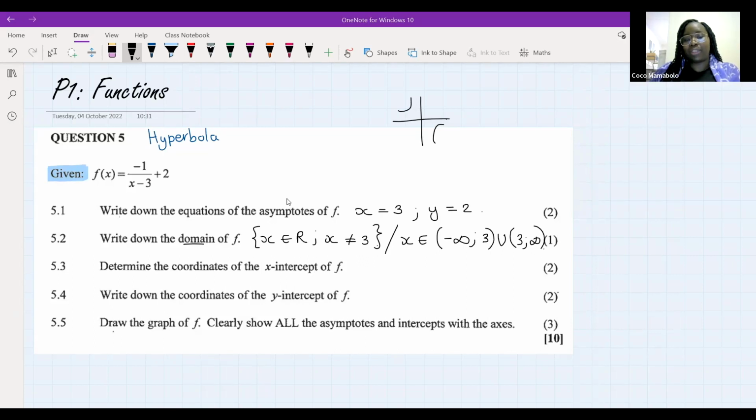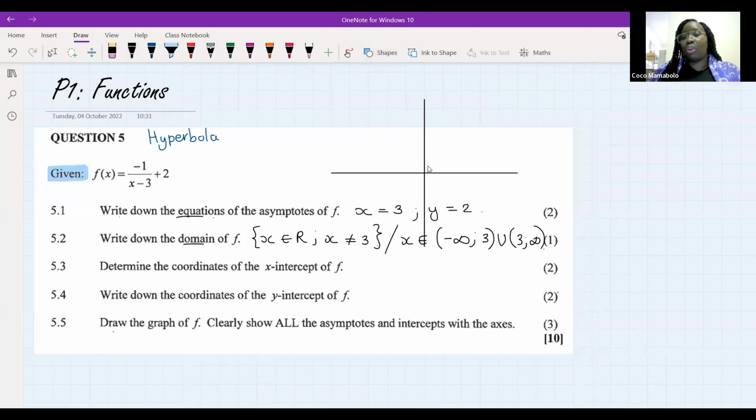Luzuko says, ma'am, in 5.1, is it incorrect to use p and q? Unfortunately, yes, Luzuko. You do need to follow the instruction explicitly, and they want the equation. Now, if we look at our Cartesian plane, let me grab a quick Cartesian plane here.